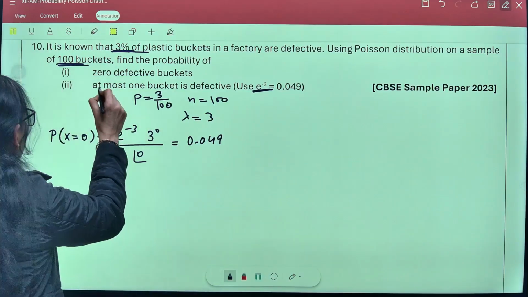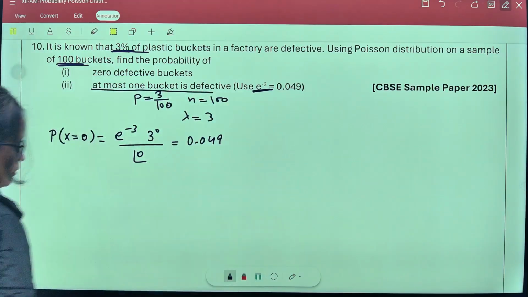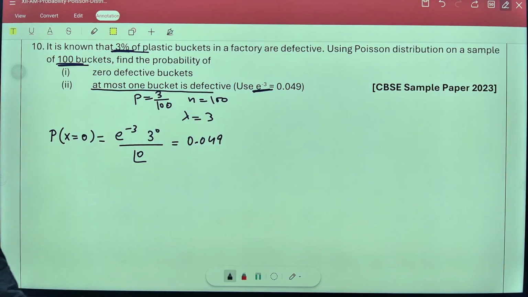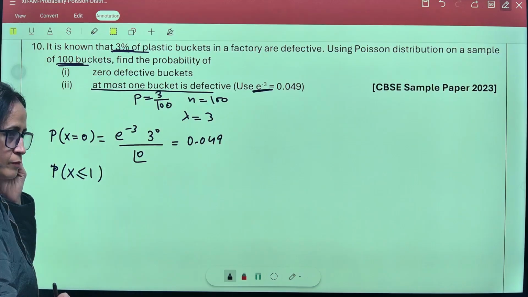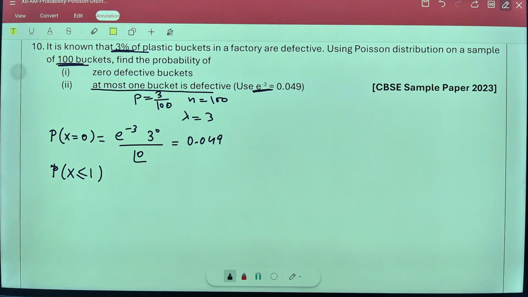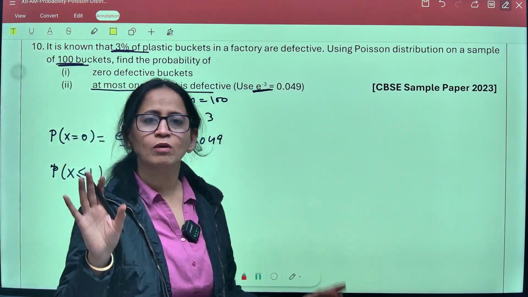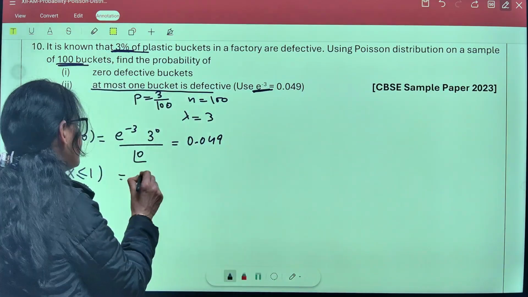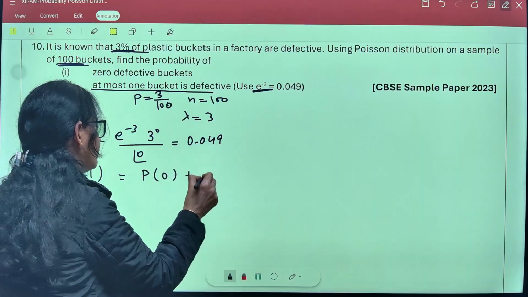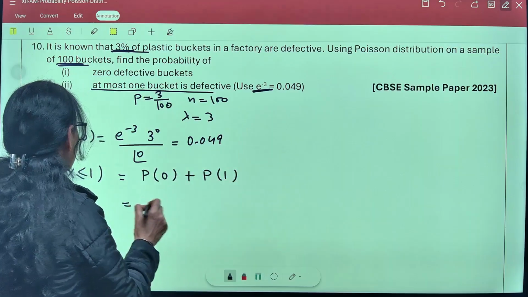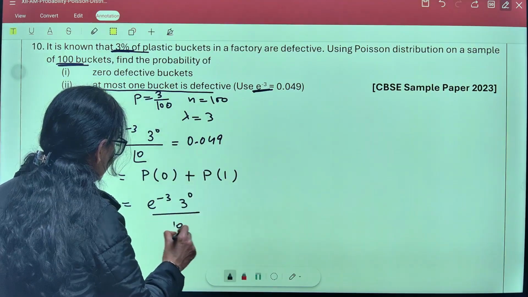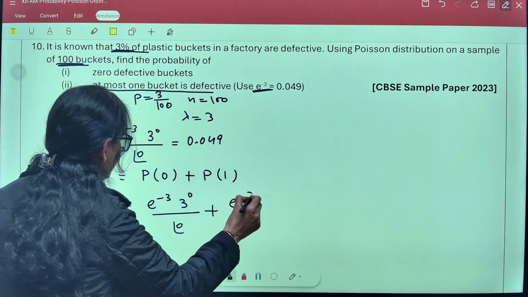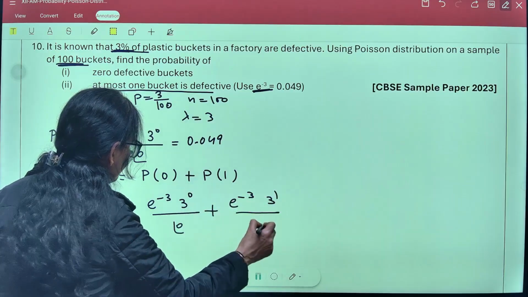Next we need to find at most 1 bucket is defective. So at most means probability of x being less than or equal to 1. At most 1 is defective, so it could be either 0 defective or just 1 defective. So this is equal to probability of 0 plus probability of 1. Let's put the formula e raised to power minus 3, 3 to the power 0 upon 0 factorial plus e raised to power minus 3, 3 to the power 1 upon 1 factorial.